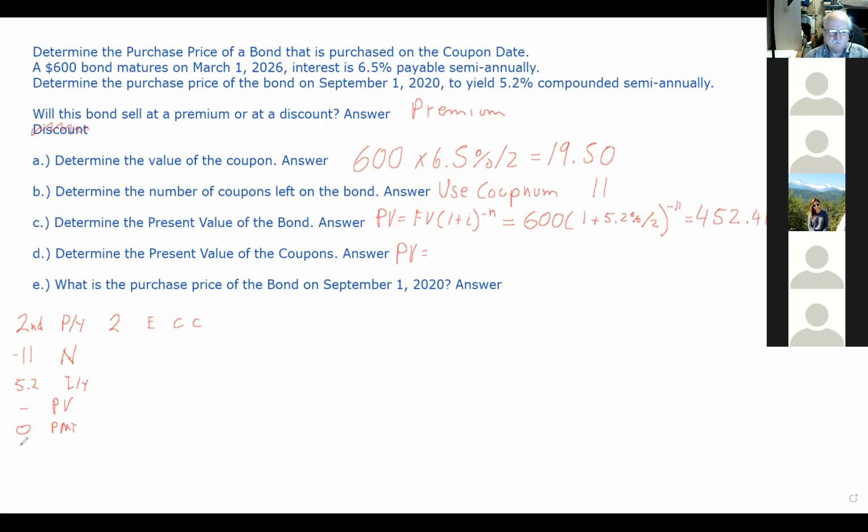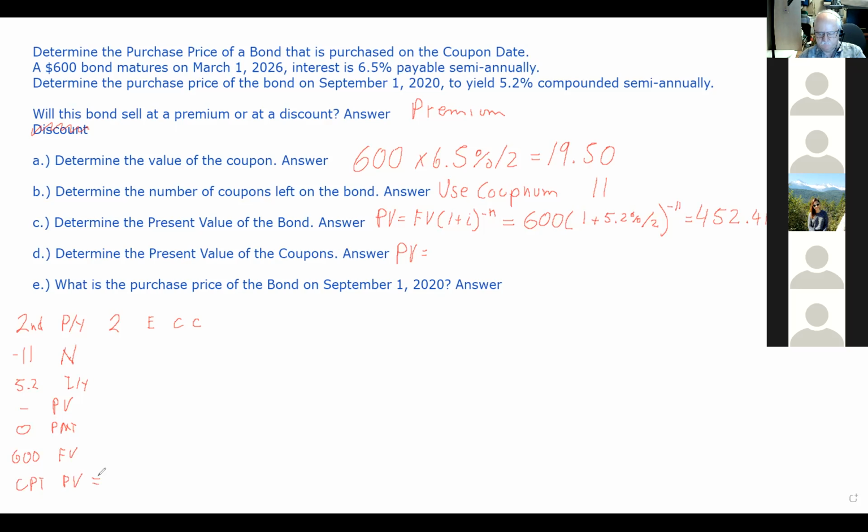And the future value is 600 to future value. And we're trying to compute PV. Let's see if that works. Let's plug that into the calculator and see if that works.